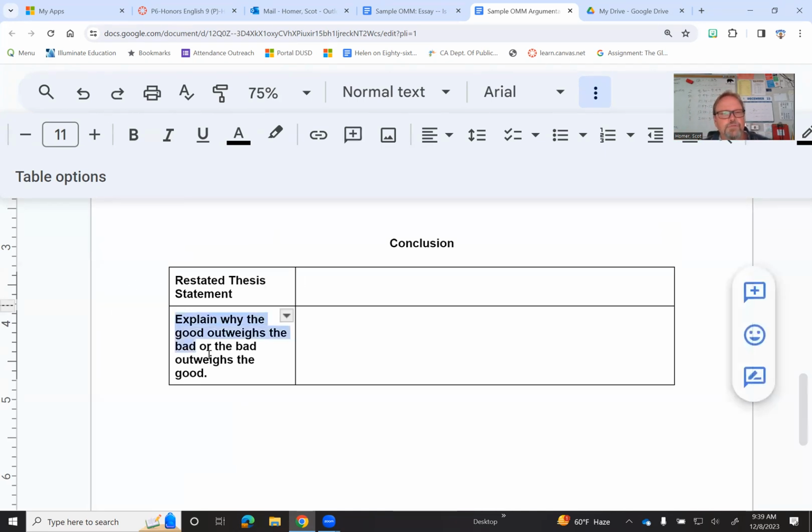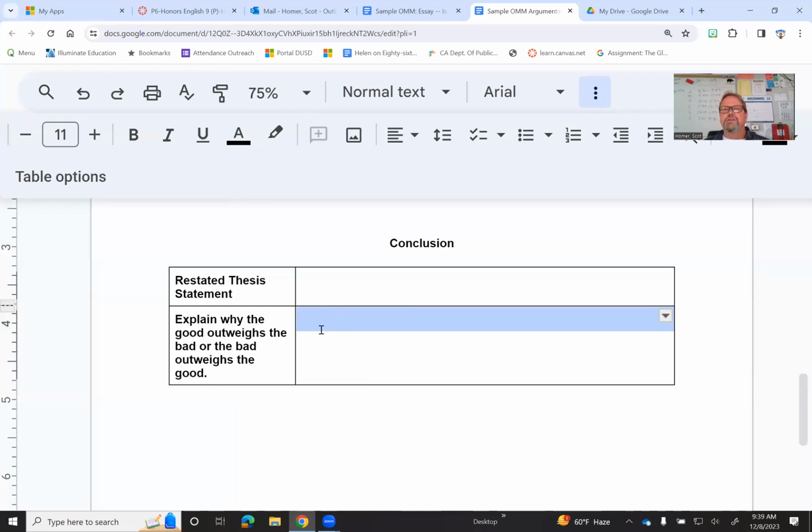Okay, and then over here, you're going to explain why the good outweighs the bad or the bad outweighs the good. This is where you're saying why one of these sides is more important than the other. And this is going to be several sentences. This is not just a summary of your argument. This is where you actually do some analysis.